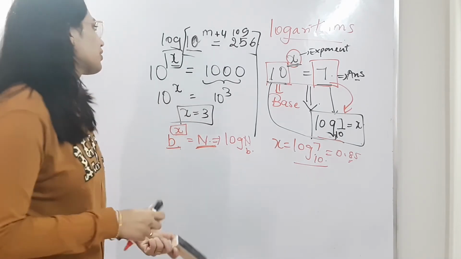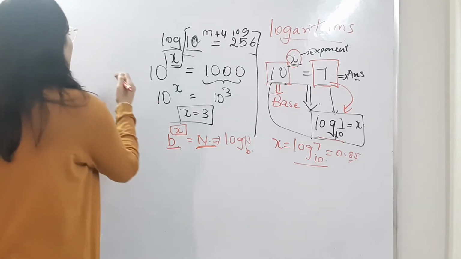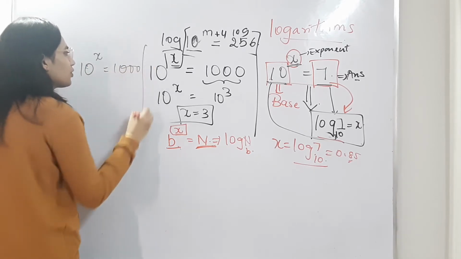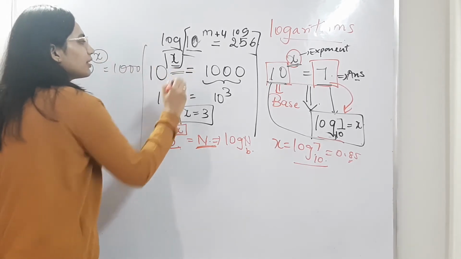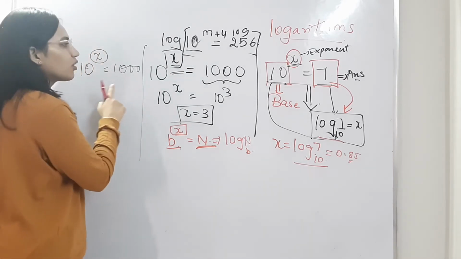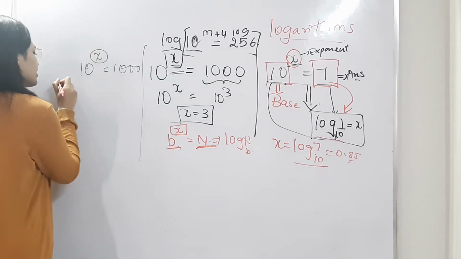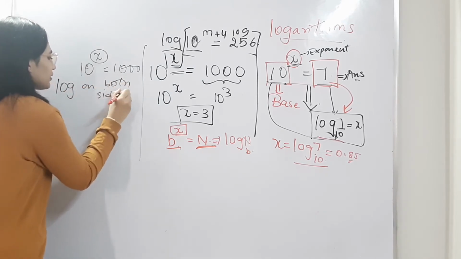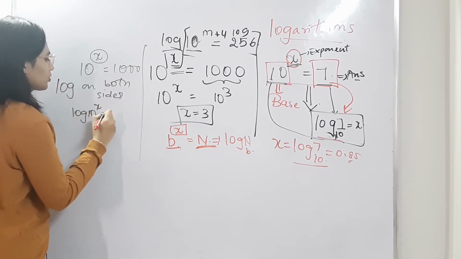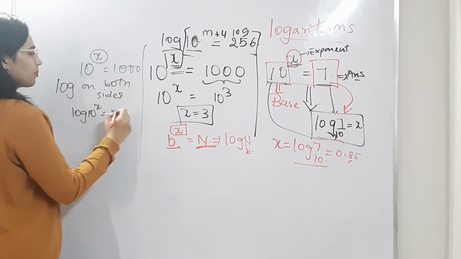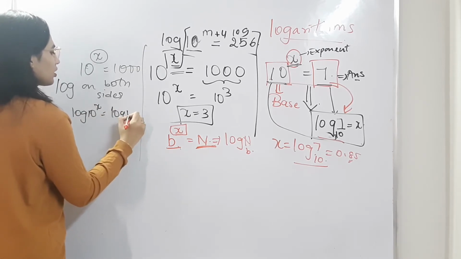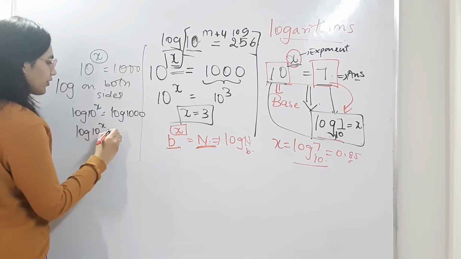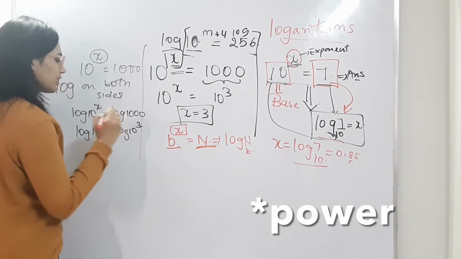You can even get the value of x here by using logarithms. How do you get that? For example, when I say that 10 to the power of x is 1000, we want to find the value of x without using the laws of exponents. If you want to apply logarithms on this, we'll simply take log on both sides. After taking log on both sides, we get log 10 to the power of x is equal to log 1000, which is log 10 to the power of 3.